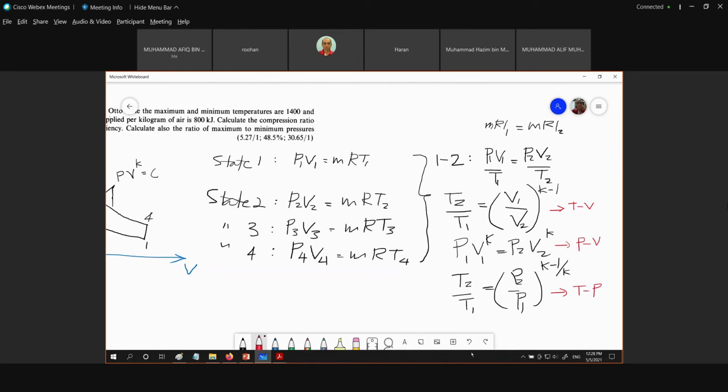So this is the extra equation that we can use as far as the process of 1 to 2 is concerned.